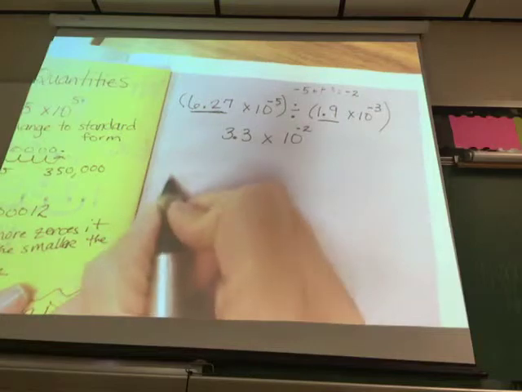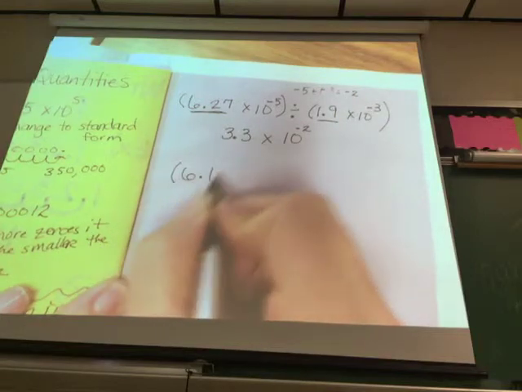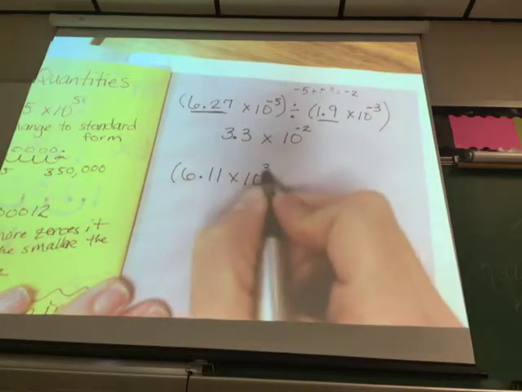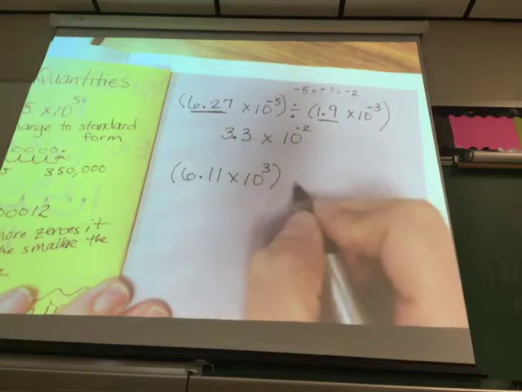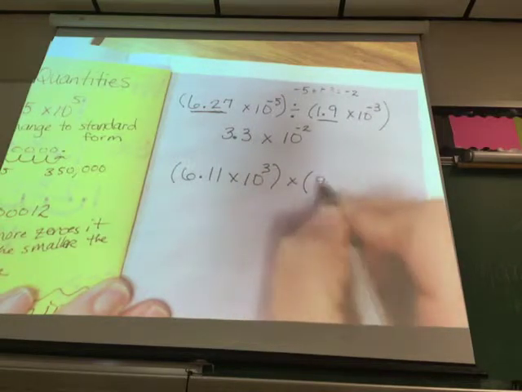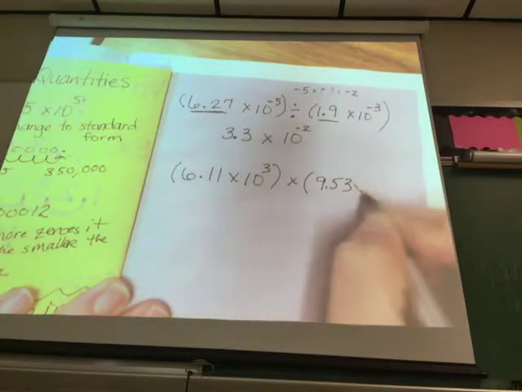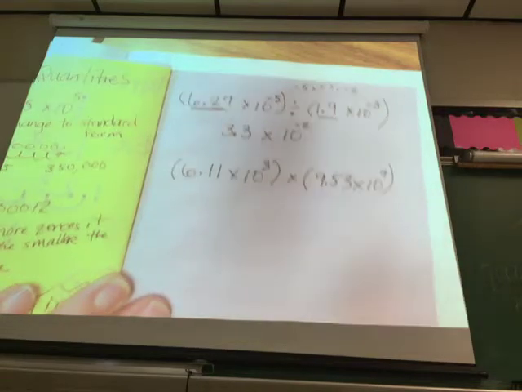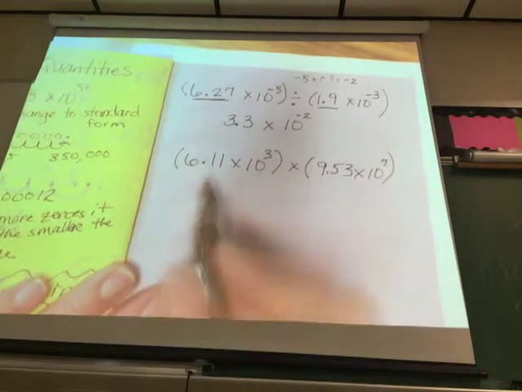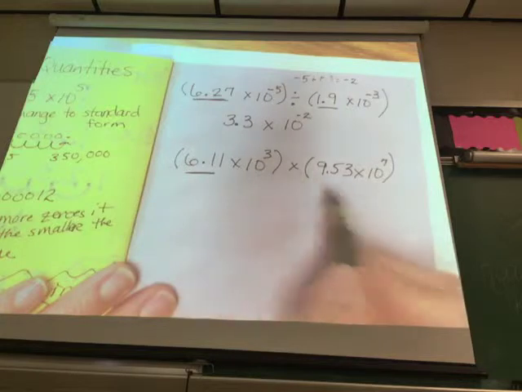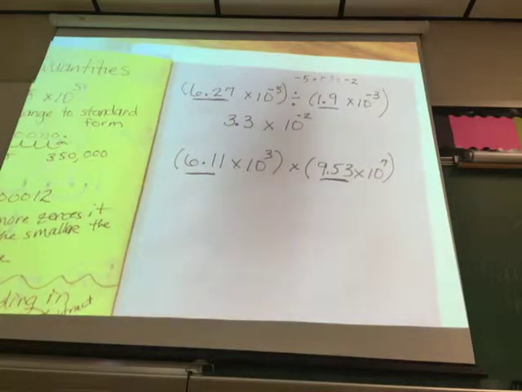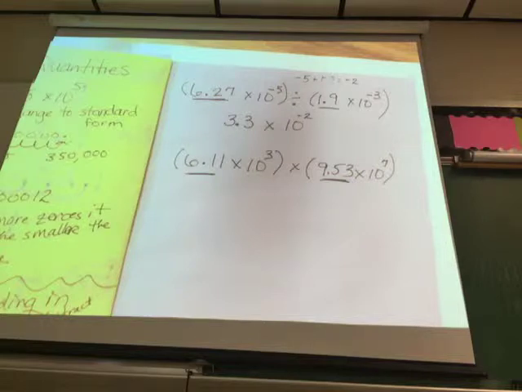All right, let's try this one. 6.11 times 10 to the 3rd times 9.53 times 10 to the 7th. Because it's a multiplication problem, multiply those numbers. It's going to be an ugly number. 6.11 times 9.53.